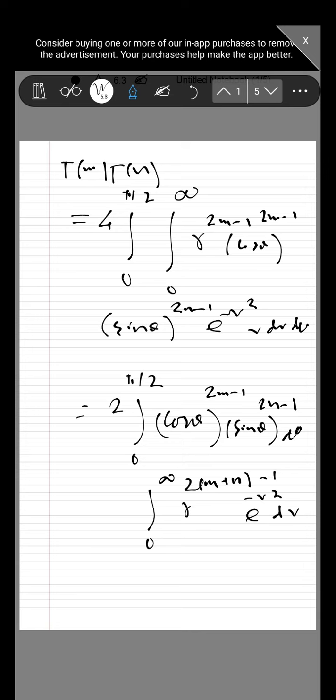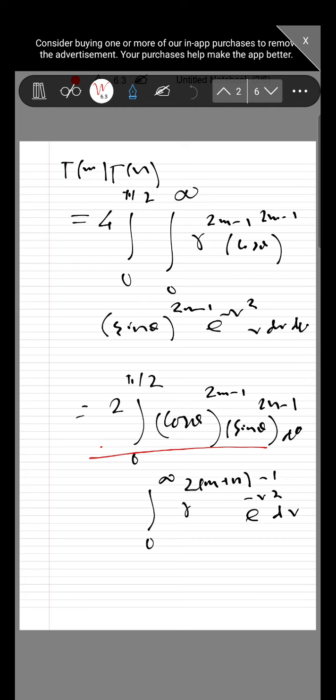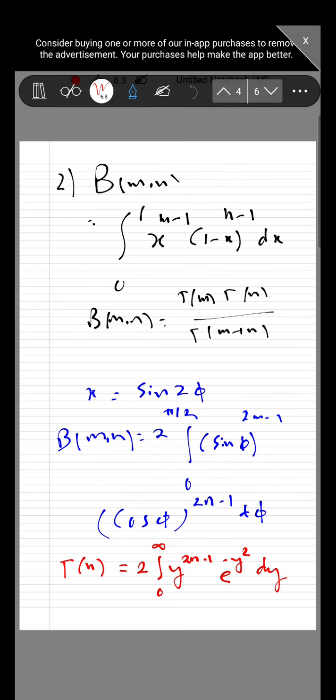So this part is nothing but, okay. Now if you move back to where we started, look at the expression of B(m,n) once again.